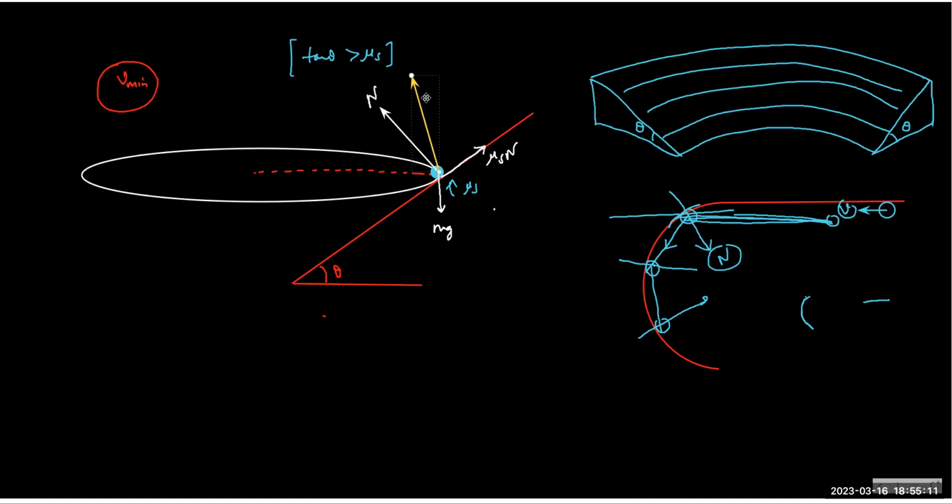Now you will ask why it is tilted towards the left. If I don't tilt left, then I cannot create the centripetal force, isn't it? So what is my centripetal force? What is the force which will let me turn actually?